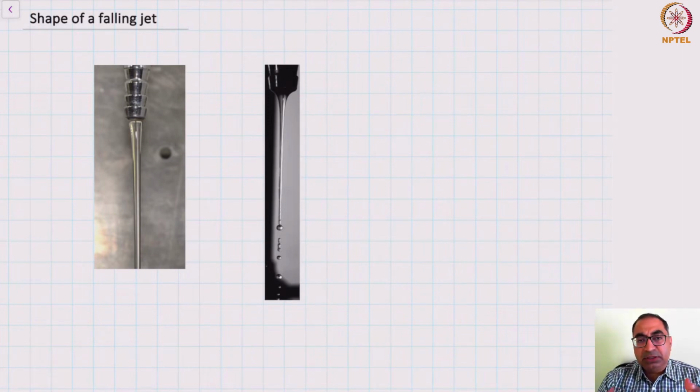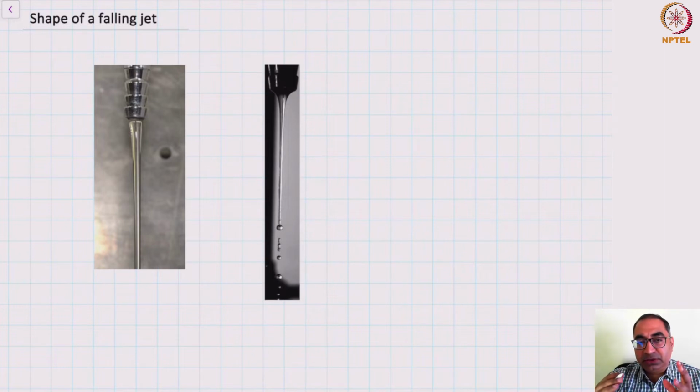The first guess that most of you can make is that it thins down because gravity is pulling it down. But at the same time, the radius of the jet is changing and therefore the curvature of the jet is also changing. We will determine the shape of this jet because of the following forces: inertia, surface tension and gravity.